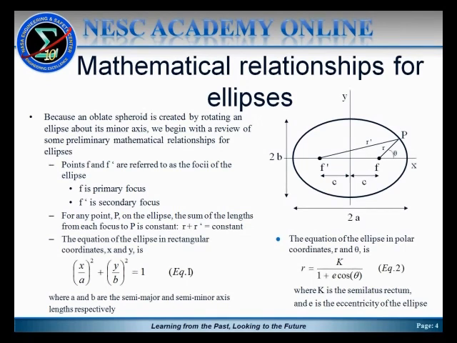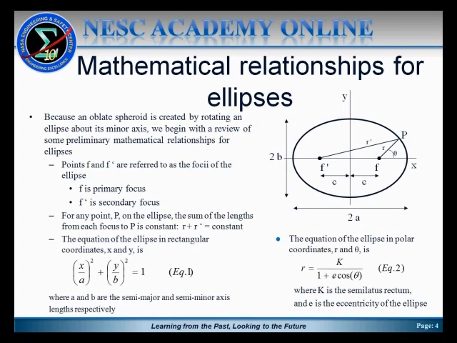Over on the bottom right side of this slide is the equation of the ellipse in polar coordinates r and theta, where the origin of that radius and theta is the primary focus F. Theta is the angle from the horizontal x-axis up to the line between the focus and some point P on the ellipse, and r is the distance from the primary focus to the point P. The equation for the radius r is some constant k divided by 1 plus e cosine theta.